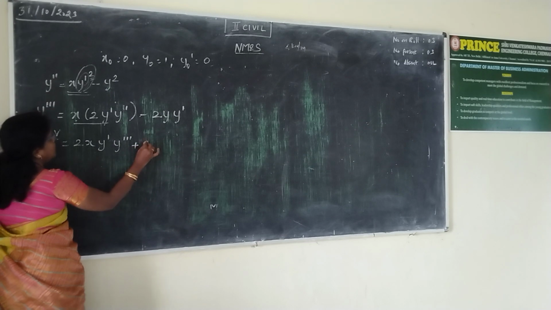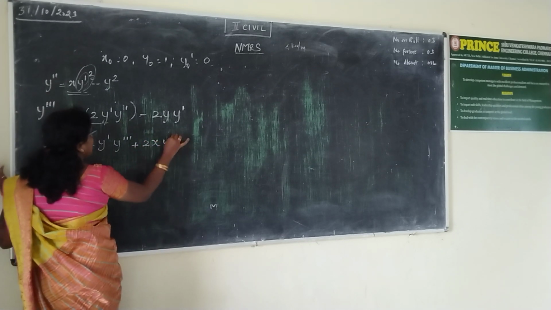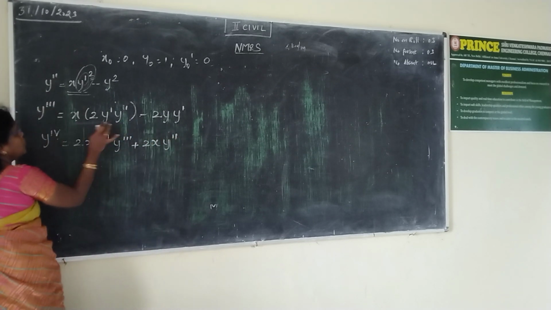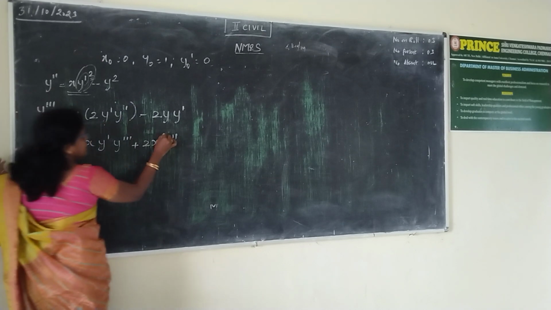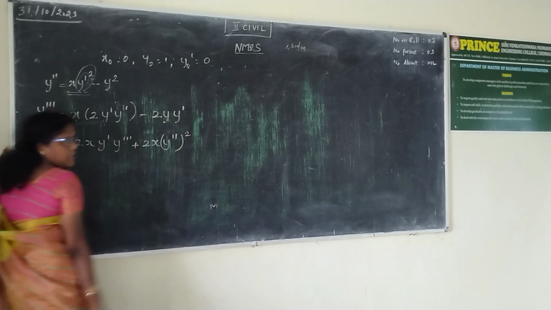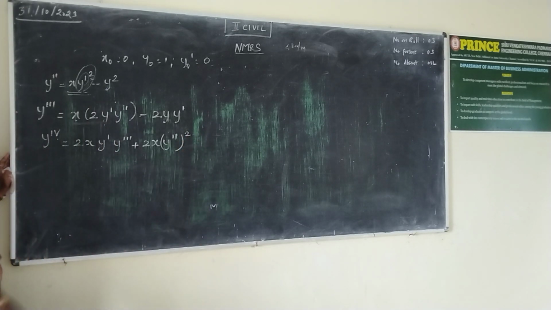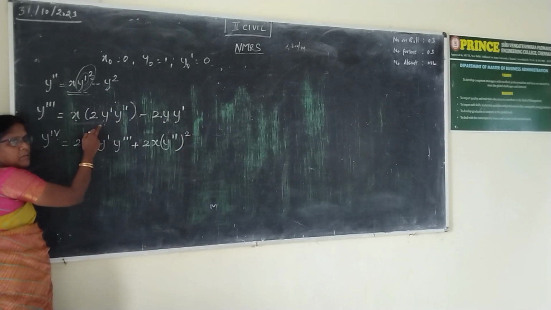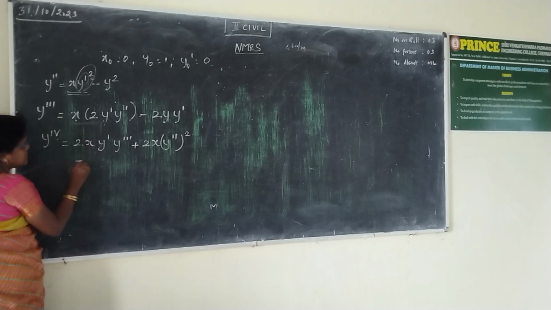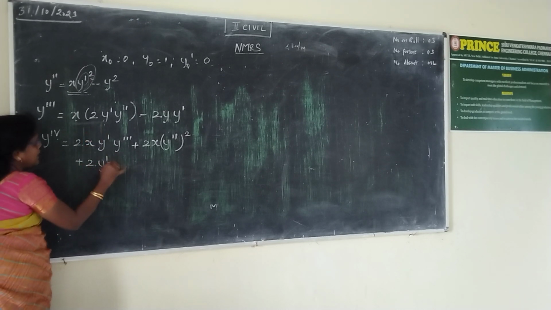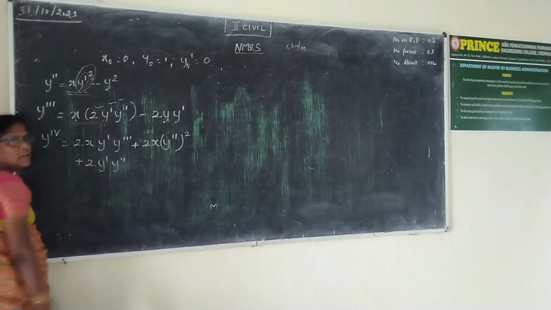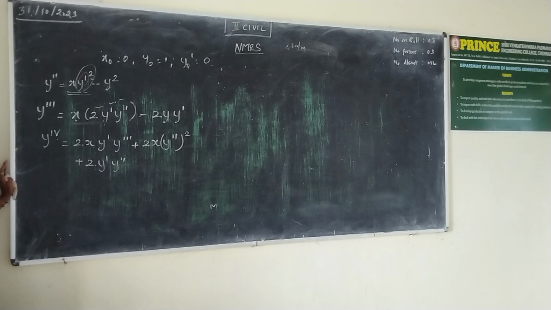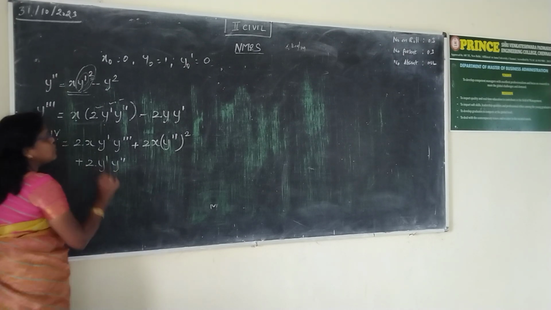Plus now keeping 2x y double dash as it is. What is the differential of y dash? Y double dash. So I will take this to be y double dash double this one. Okay, already what y double dash will be there. This will give you what y double dash. Plus now keeping 2y dash y double dash as it is. Okay. What is differential of x? 1. So this will be a fourth derivative.